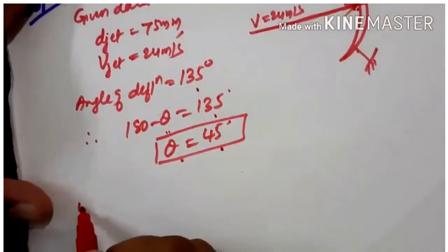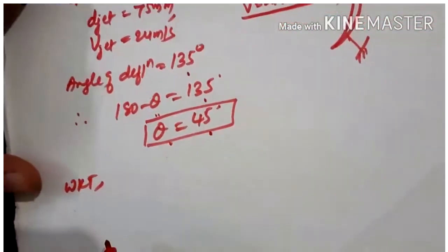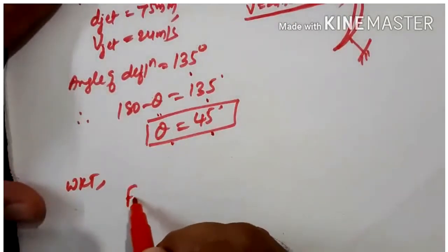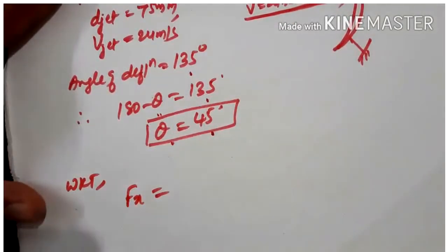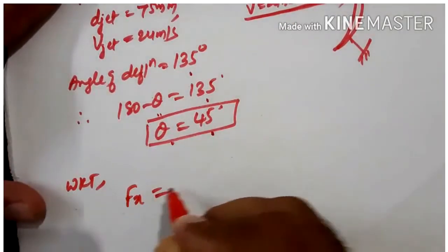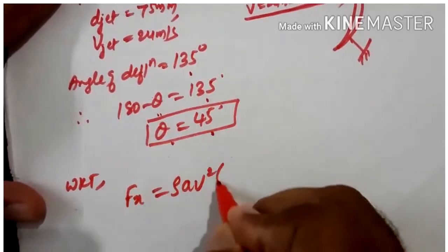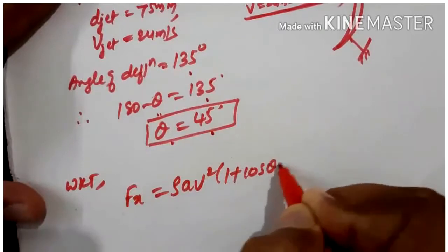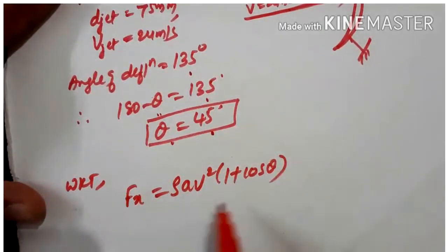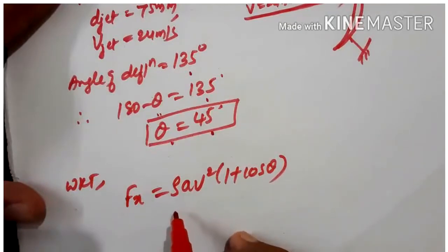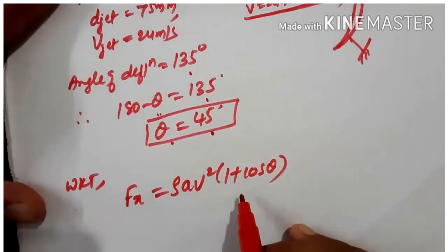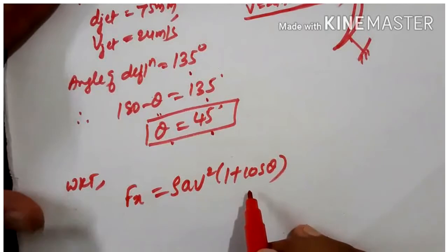We know the equation for the force when the jet is striking at the center: Fx equal to rho a v square into 1 plus cos theta. This equation we already know, because in the first case we derived the force exerted by the jet at the center for stationary vanes.